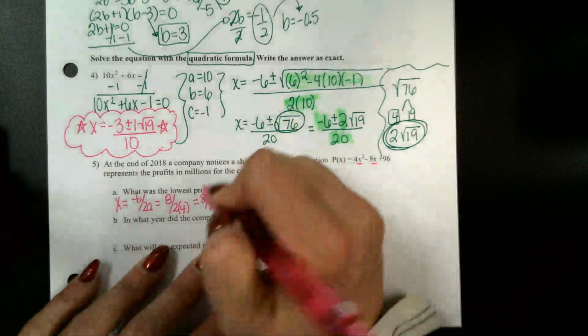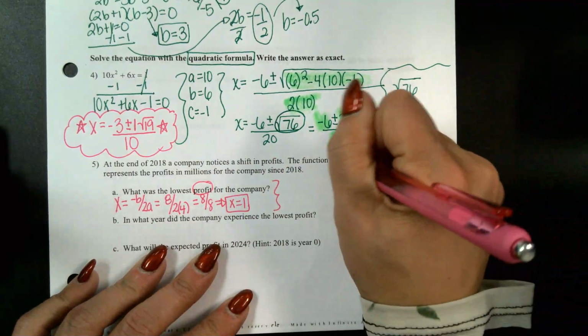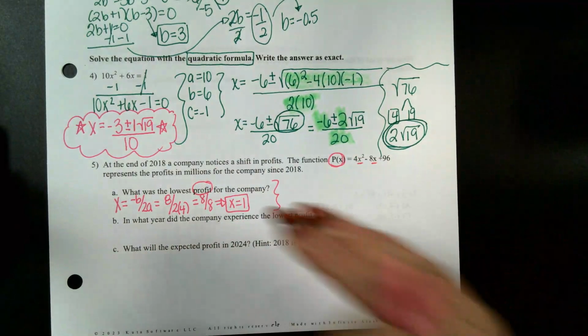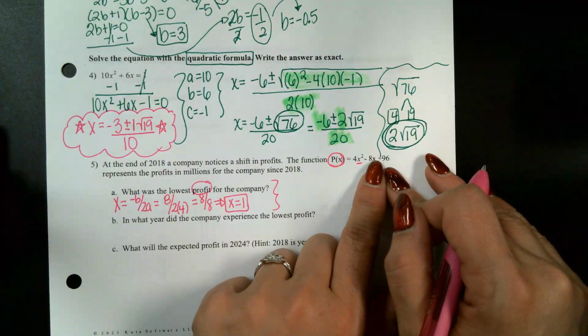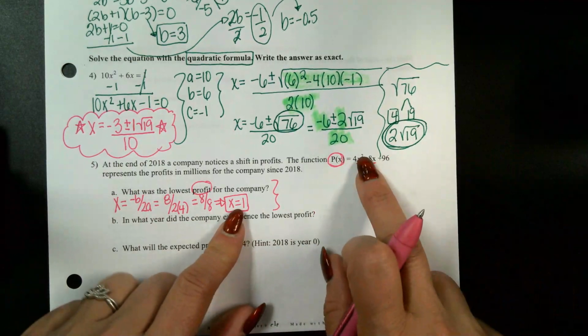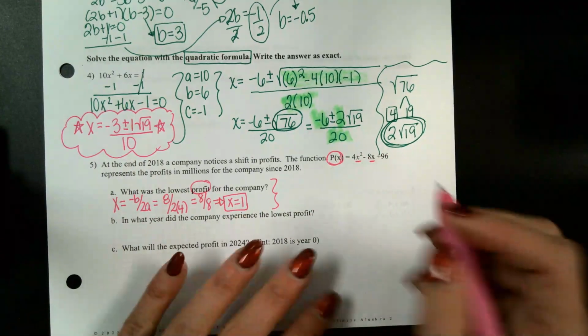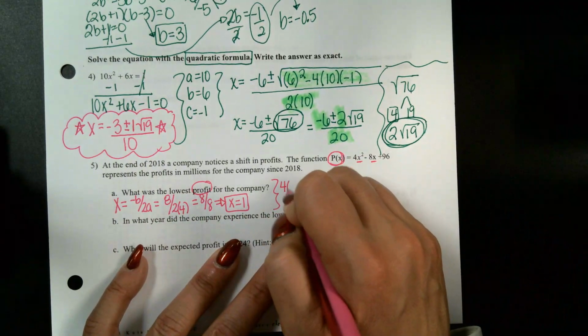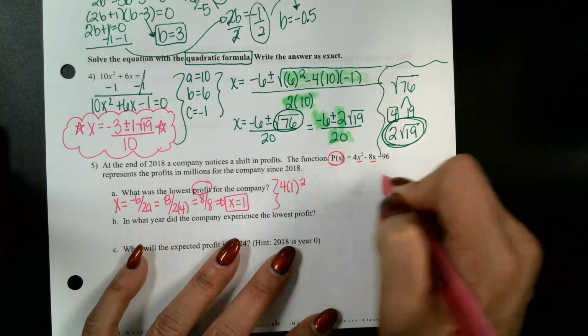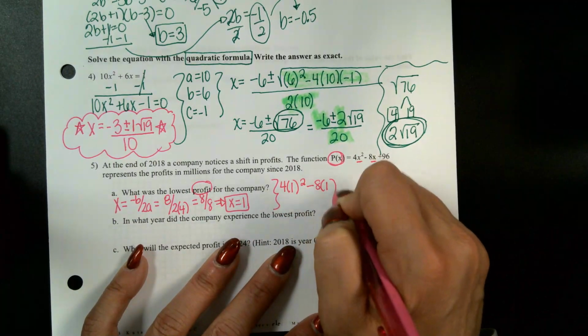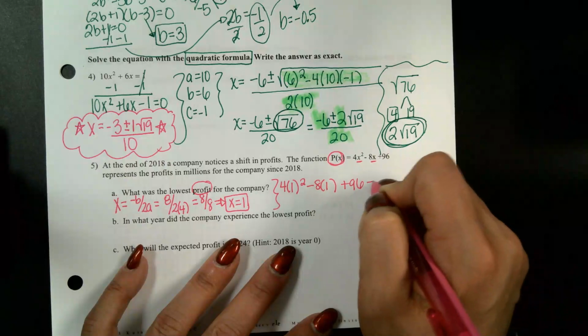Wait, they said profit, so you have to solve for P. The first thing you have to do is find x, so we know what number to do the plug and chug with. So we're going to do 4 times 1 squared minus 8 times 1 plus 96.